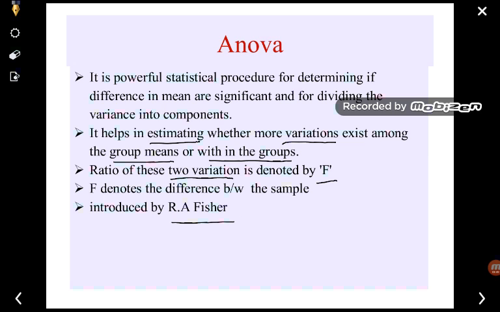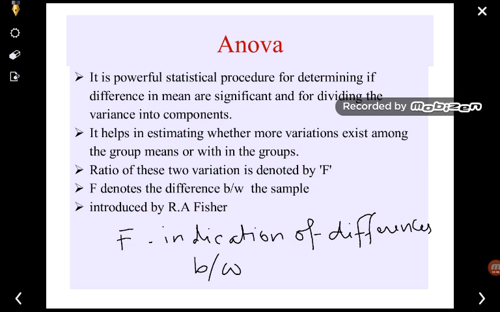And what is the ratio of the F? The F ratio is an indication of differences between the samples. So we used to estimate by means of the F ratio or the F value.